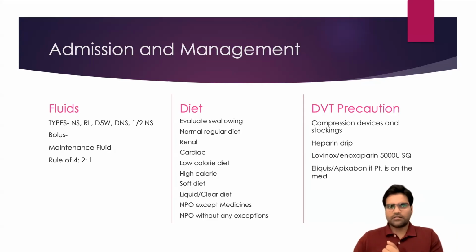Usually, if the patient is not very prone to DVT, then we use compression devices like pneumatic compression devices or compression stockings. Sometimes we give heparin drips. Sometimes we give Lovenox subcutaneous 5,000 units per day. Sometimes people are on Eliquis or apixaban, then we continue that medicine. At that time, we don't need to give the DVT precaution. So all these things are there.